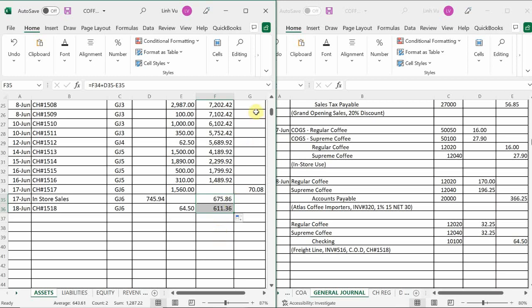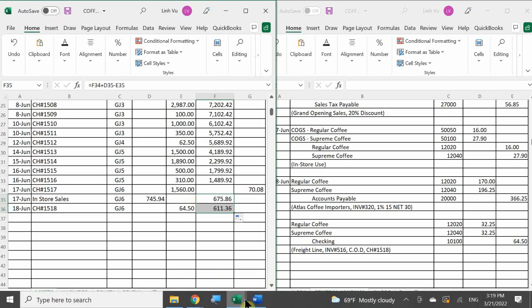Now that I finished my ledger, you can go ahead and go to your inventory worksheet, but I'm going to go to my subsidiary ledger because I should be recording my bills that I obtained. Okay.